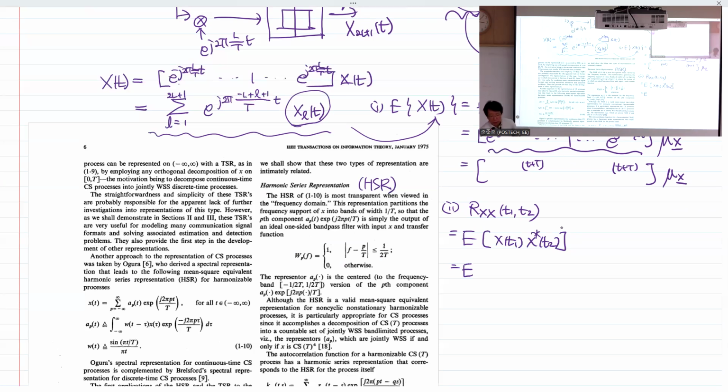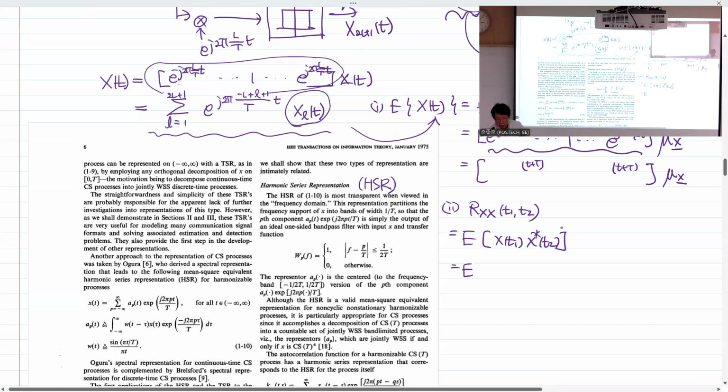So what do we have? Let me simply call this one E of t, because it's so confusing, right? So we have E of t, let me say E transpose, E Hermitian, just for consistency. E Hermitian T1 and X T1, right?